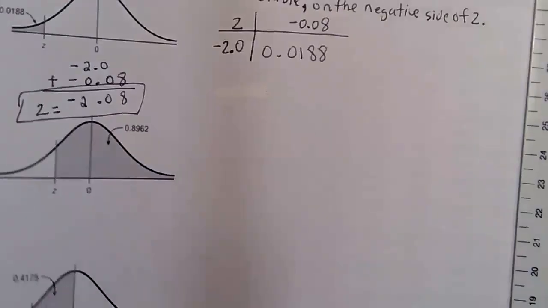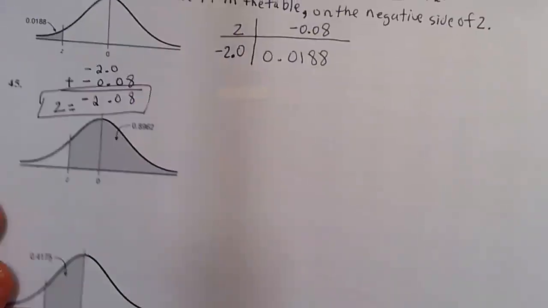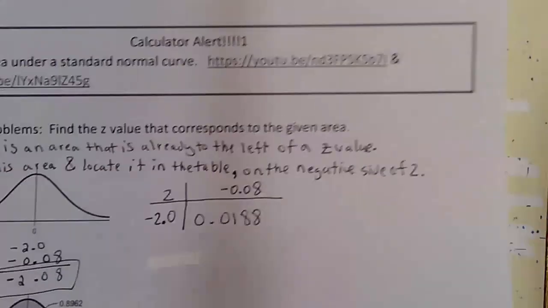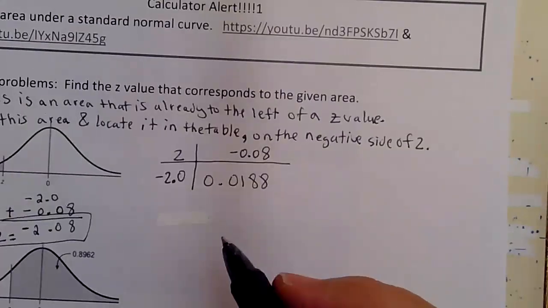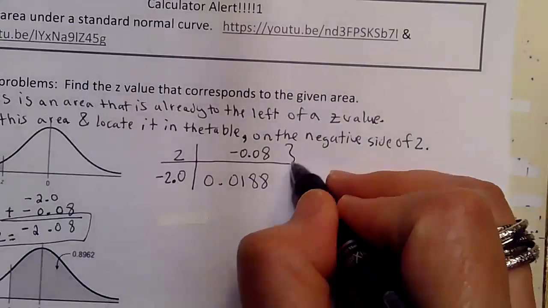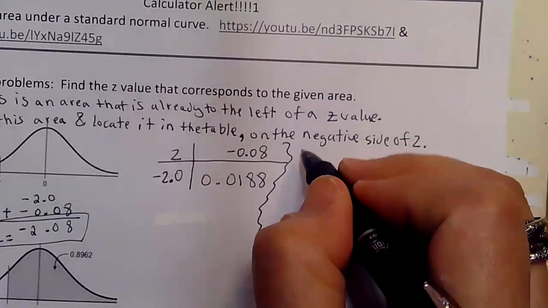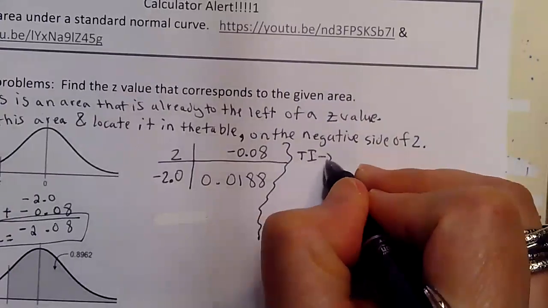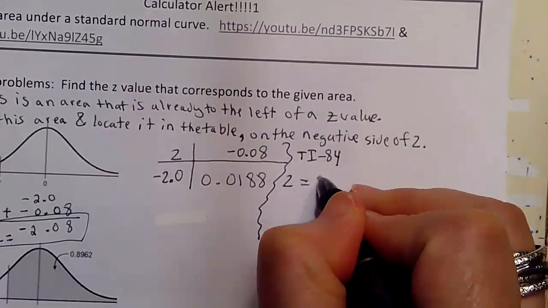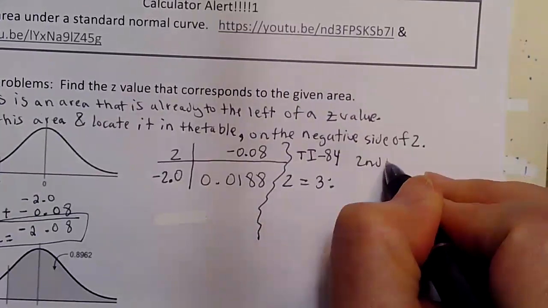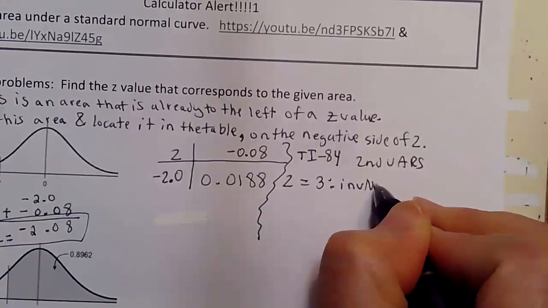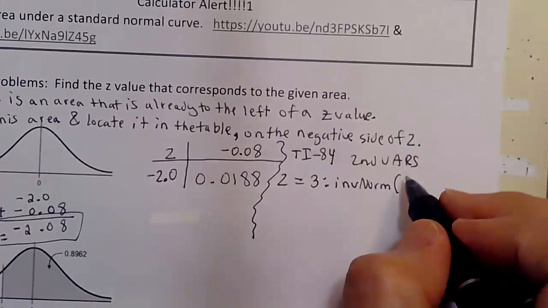Now, on the calculator, this requires a new command. On the TI-84, you need this command. Z is equal to number 3. So we're still doing a second vars, but now we're doing a number 3, an inverse norm, and that is area.